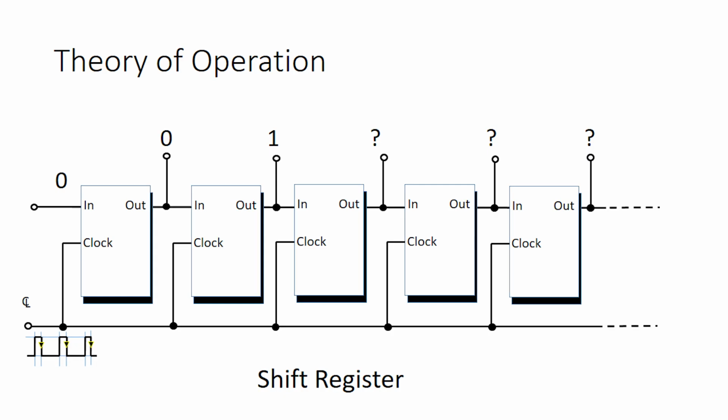And as the clock pulses keep arriving, so whatever's in the input gets transferred along to the output. So what we have here is a circuit that takes serial data in and produces parallel data out. And that's what a shift register is. It's a fundamental building block. If you're going to do any kind of electronic design, and certainly any kind of digital design, you become very familiar with the shift register very, very early on.